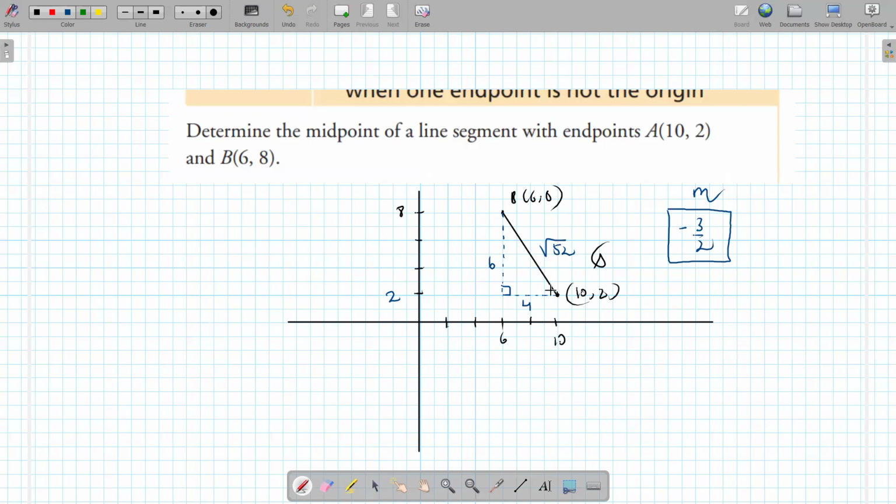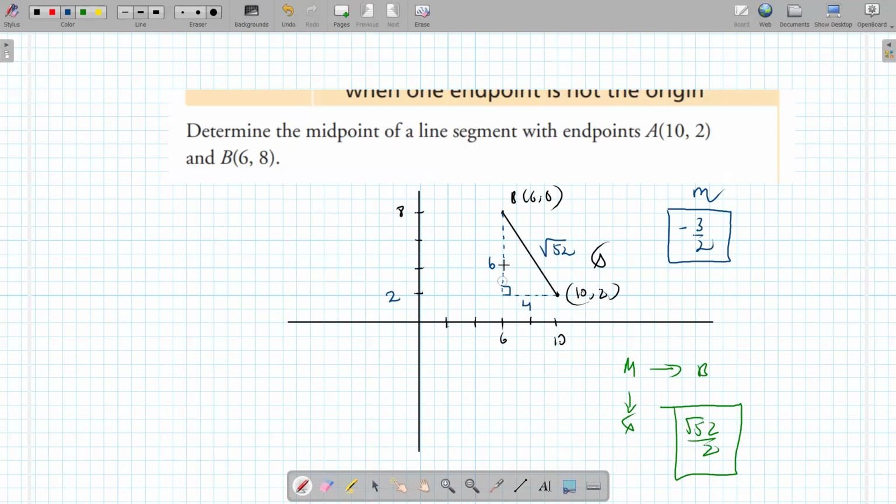We're trying to find the midpoint. That means wherever the midpoint is, the distance from the midpoint to either A or B will be root 52 divided by 2. Do you agree with this? Now let's see where that's going to be. So this is 6 units. Let's half this.